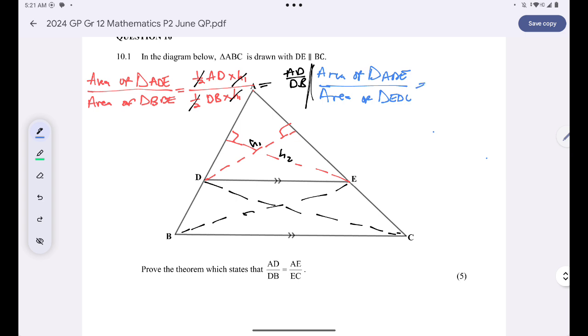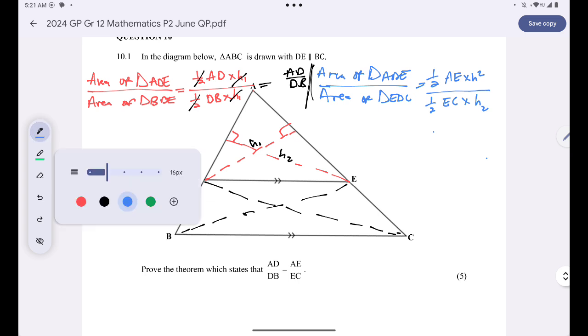Are you together? I'll take 1 over 2, and AE as my base and H2 as my perpendicular height. On the other side, I'll take 1 over 2 EC as my base and then H2 as my perpendicular height. Please note that these will cancel, and these two will cancel, né?